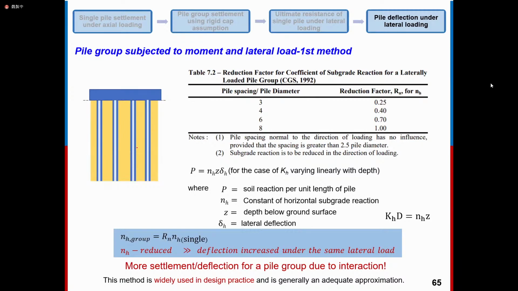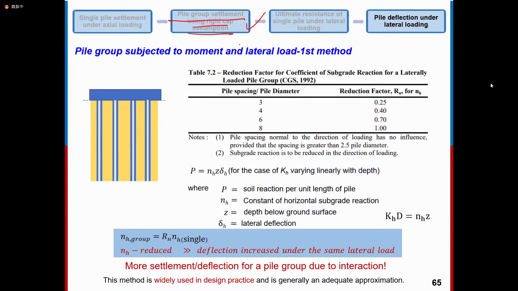So we only discussed the single pile under the lateral loading so far. For the pile group settlement using this rigid cap assumption, if you still remember, we discussed this already under the vertical loading, or if we have the moment on top. This is for pile group.